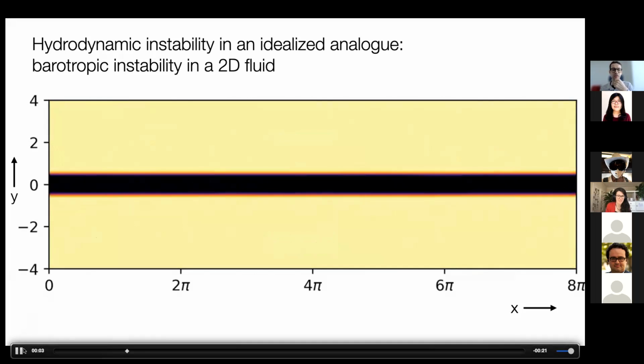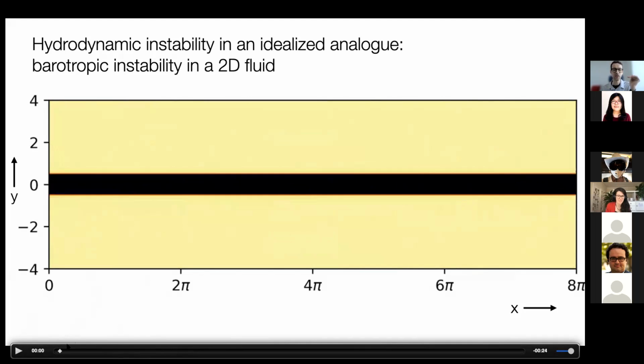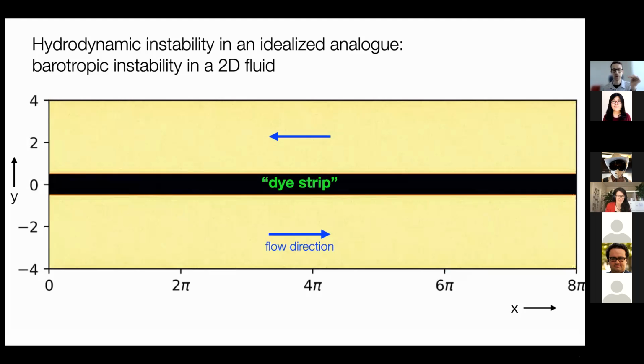And what you'll see is that after a certain amount of time, this dye strip starts to undulate. I'm pausing it here. And what I want to emphasize is that this simulation was begun in this initial state by taking this very smooth laminar flow and perturbing it by putting in very, very small amplitudes of a lot of different wavelengths.